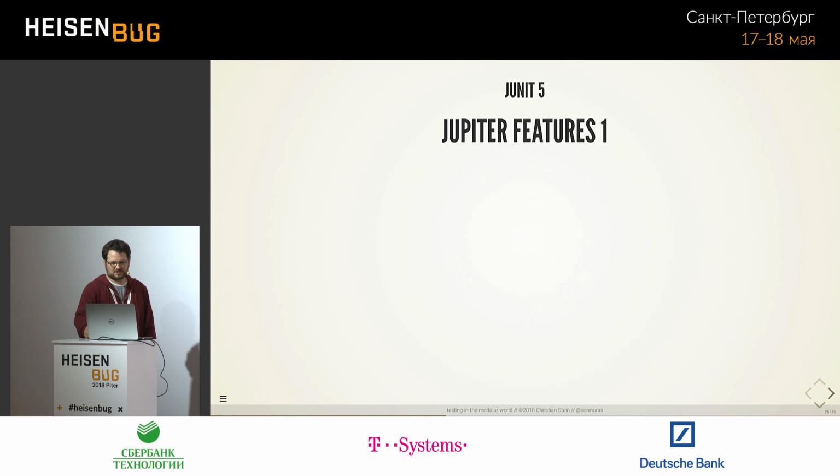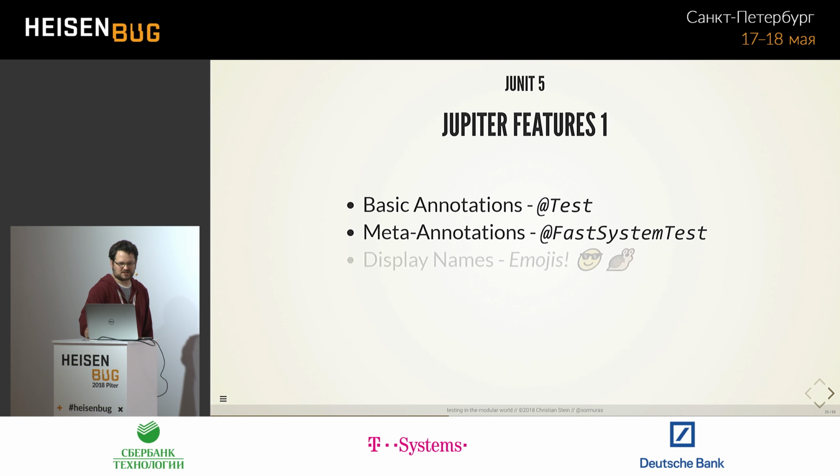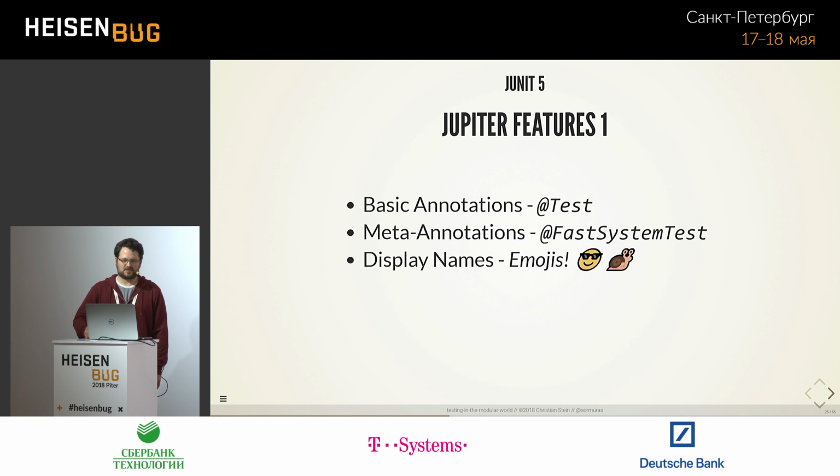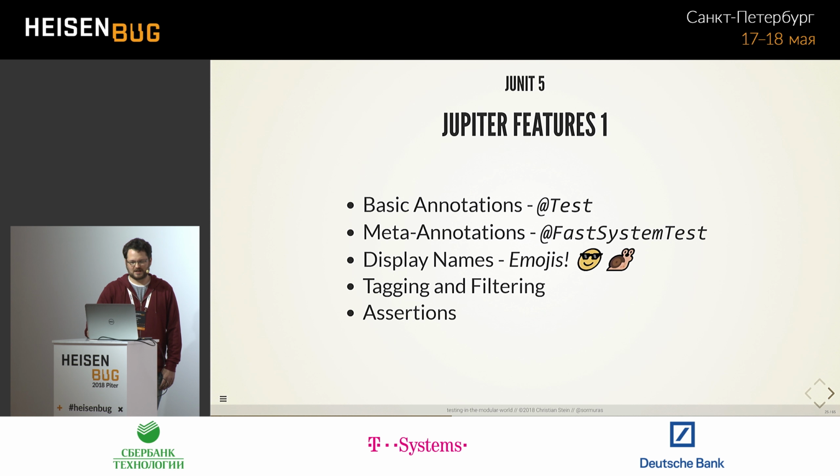So Jupiter has a lot of features. We just skim the surface of it. You have display names with emoji support. We have tagging and filtering. We have a set of basic assertions, no longer Hamcrest, just totally newly written, but very basic. So use third-party assertion frameworks when you can, like AssertJ, for example.